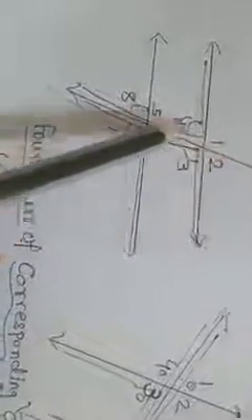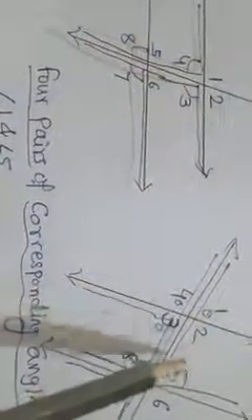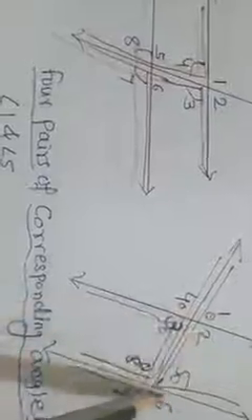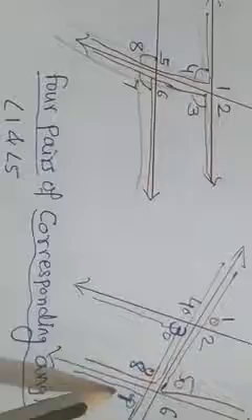Similarly, 1 corresponds with 5, 2 corresponds with 6. Got it? Which are the pairs? 1 and 5, 2 and 6, 3 and 7, 4 and 8.